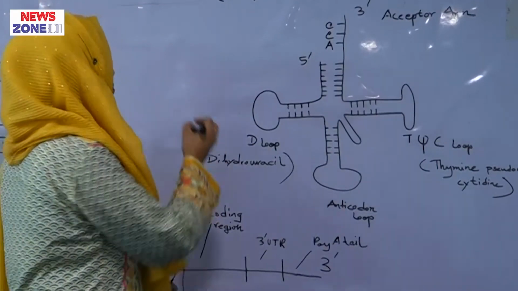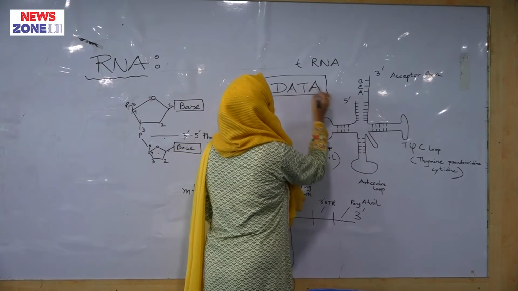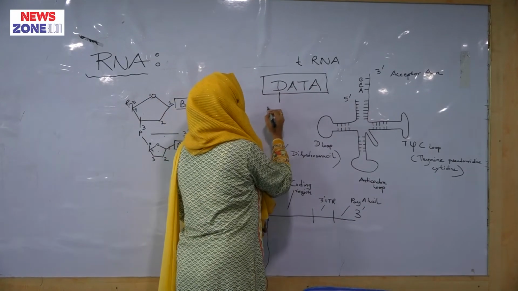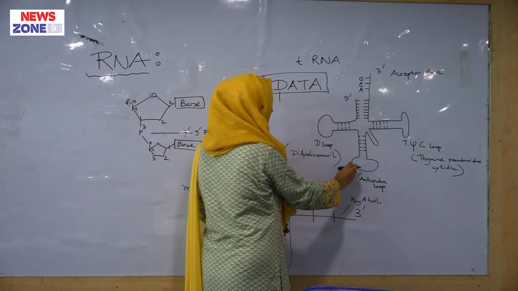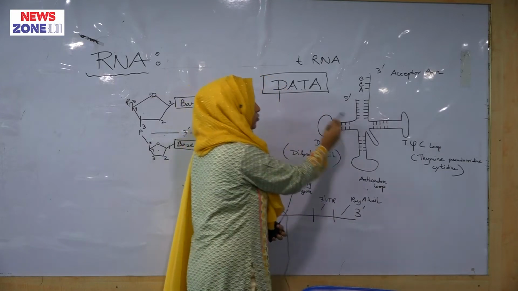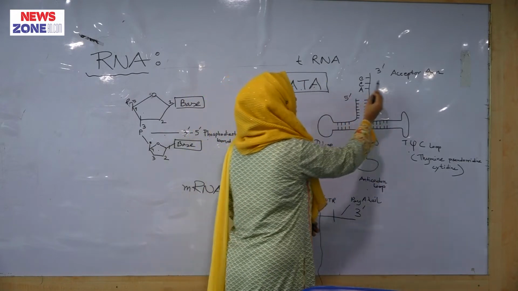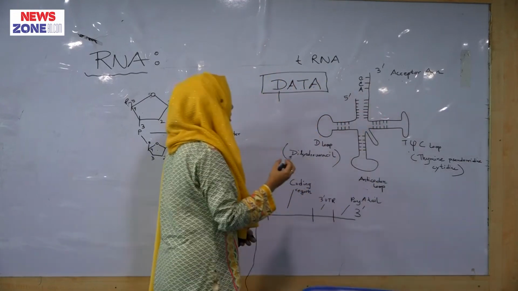We can remember it with this: D stands for the D loop, A stands for the anticodon loop, T stands for the T loop and X stands for the acceptor arm.